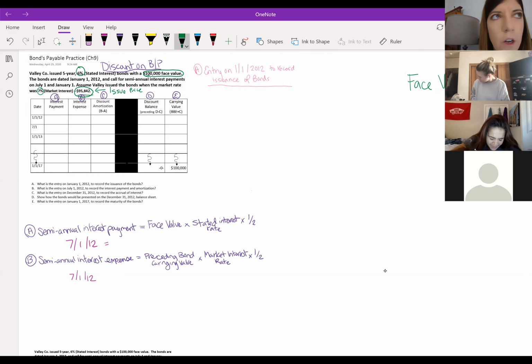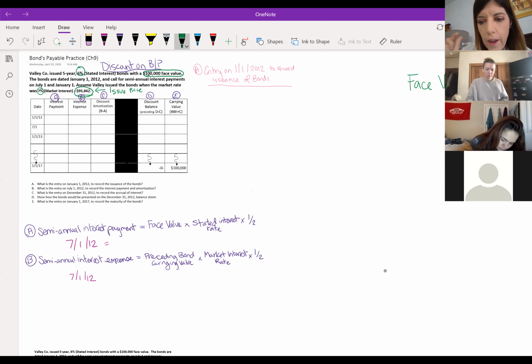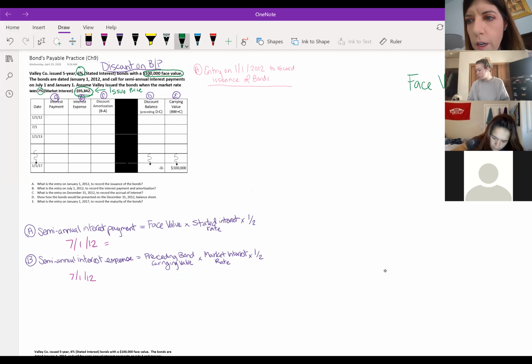And in your homework, or maybe even in the pre-assignment, you may have seen that they gave you two different face values. One of them was the total amount they potentially could be issuing. The other one was how much they actually issued of those bonds. You always want the issued face value. So face value is 100,000.